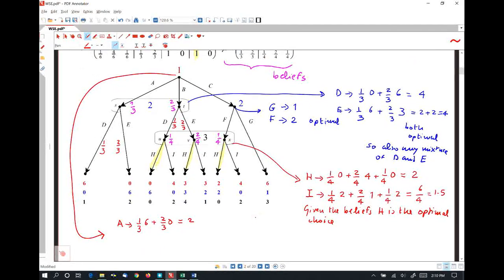If you play B, then with probability 1/3, player 2 will continue with D, and then we know that player 3 continues with H, so you will get 0. And with probability 2/3, player 2 plays E, then player 3 continues with H, and you get a payoff of 3. So this is equal to 6/3, which is 2.